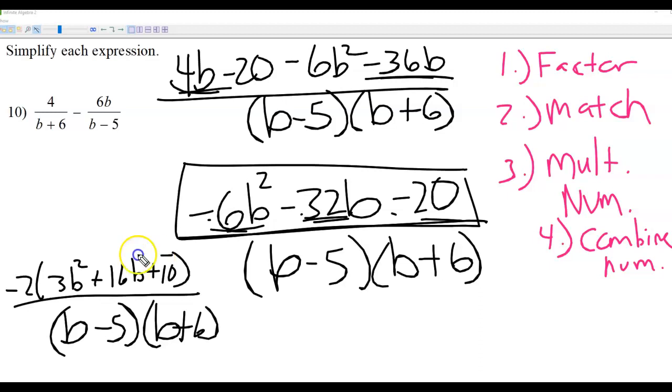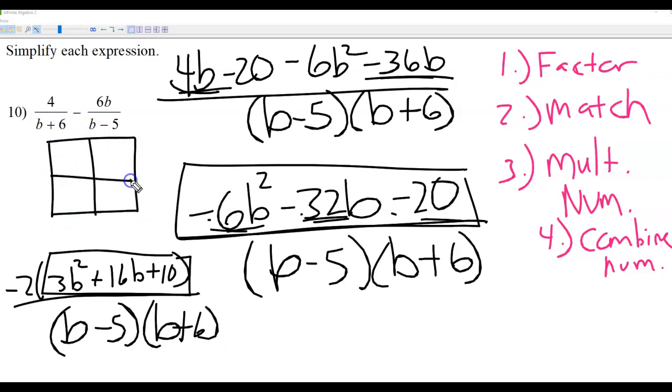And then this is a box problem, which I'm pretty sure is not going to work, but let's try it. No, it's got to be 3b and b there. 5. So this makes 6b and this makes 5b.